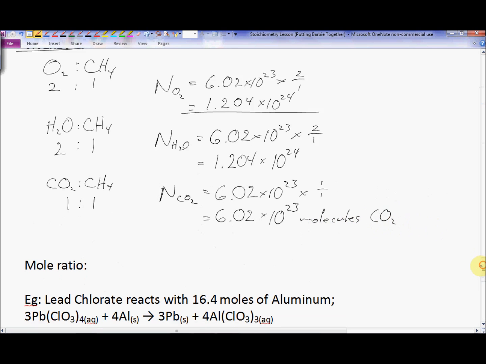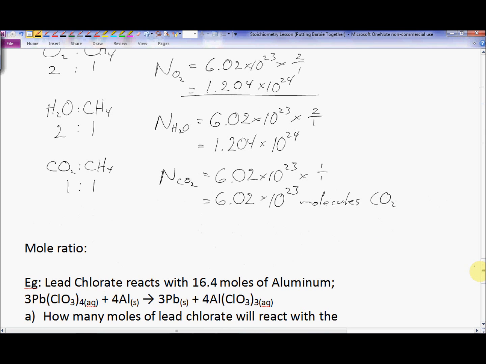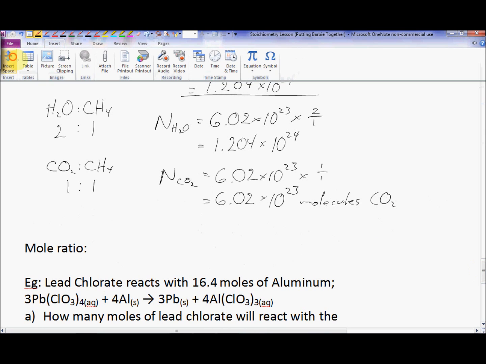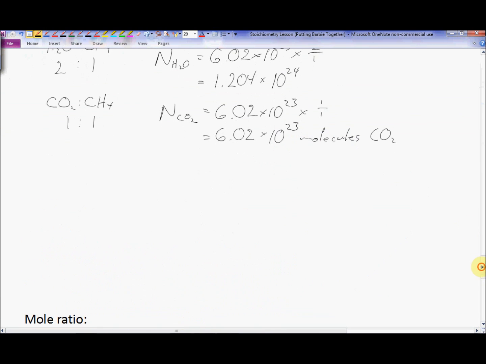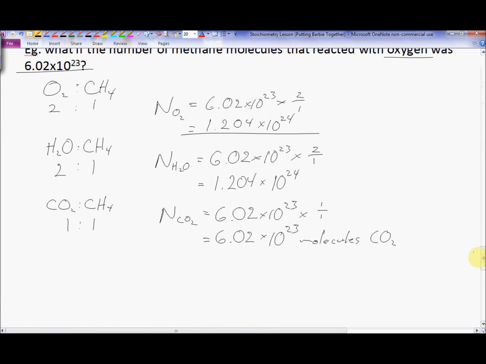Okay, so there we have it. We had a reaction. It was one molecule of CH4 gets together with two molecules of oxygen, and it produces two molecules of water plus one molecule of CO2.